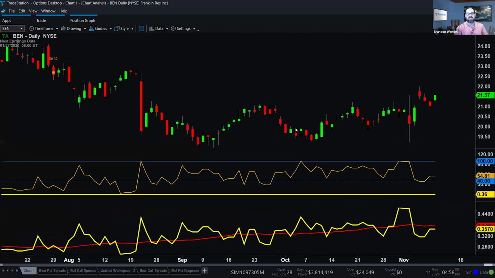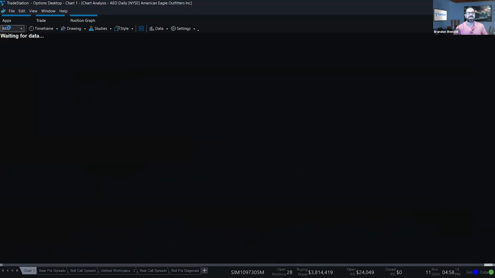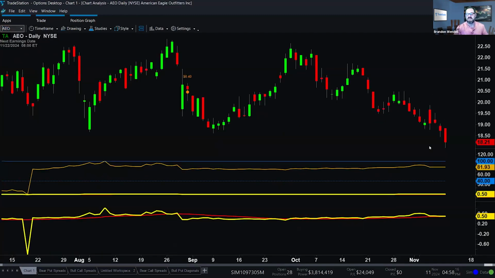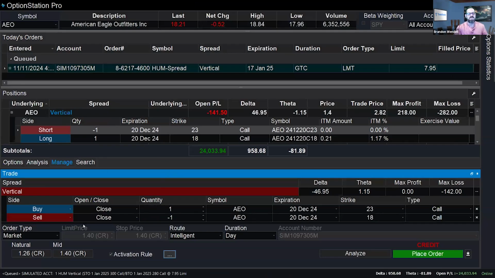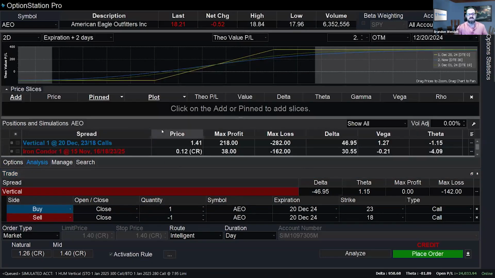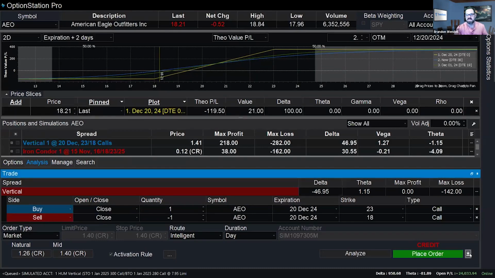So based on my underlying trade analysis, AEO, I can kind of figure out how long it would take to reach my target of 23. Right now, it seems very improbable, but hey, that's the way it goes. But what I could do then is on my analysis page, use a price slice, enter slice here.